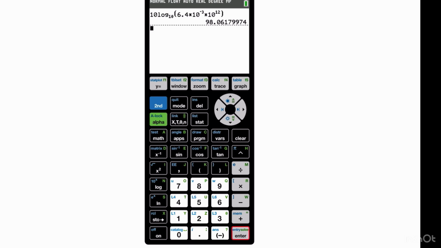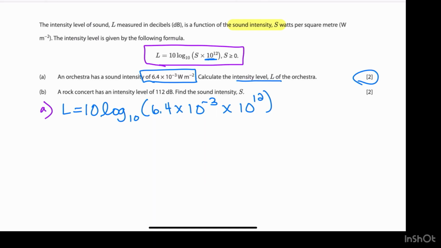Press enter, and the answer is 98.0617... We go back to our paper and we're going to write down that this is 98.061799..., which is approximately 98.1. And then the units here for L are going to be decibels, dB.